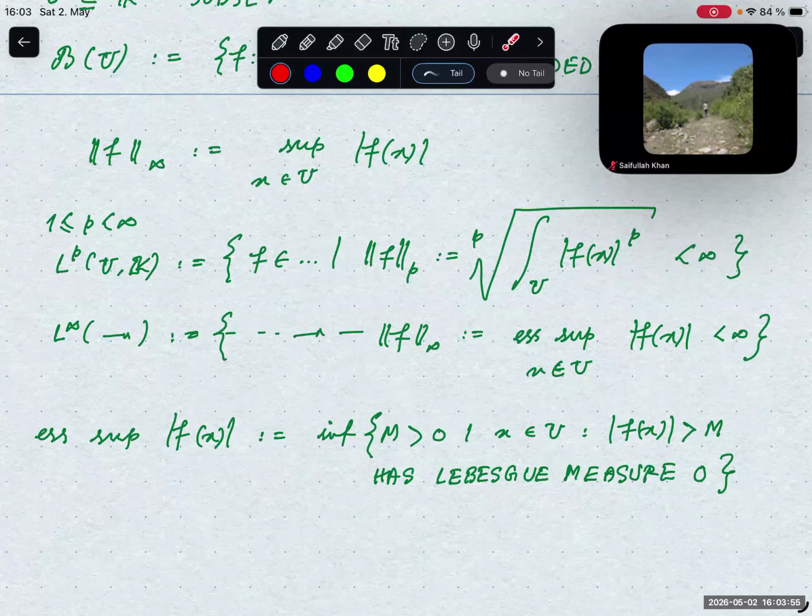These things are called sets of measure zero. In fact, in measure theory we usually always talk about sets of measure zero. So strictly speaking, elements of LP spaces are not functions, they are equivalence classes. Why equivalence classes? Because if they differ by measure zero, then we identify them. But again, let's not go there.